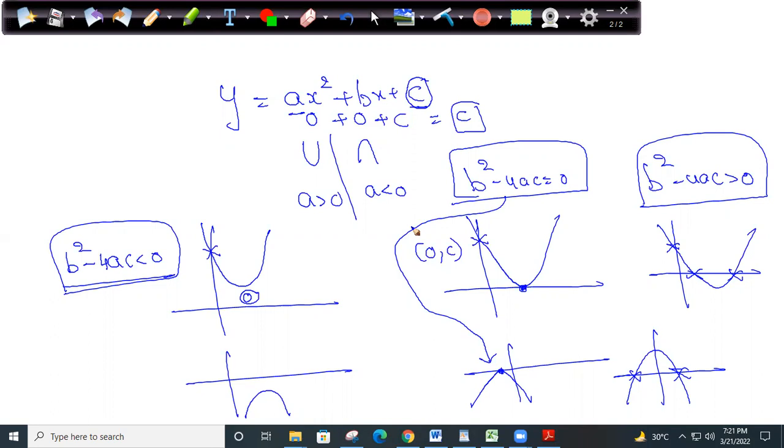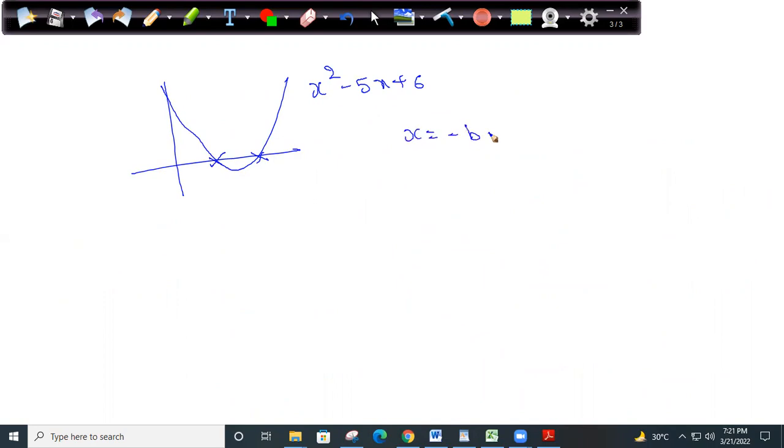Okay, very good. Now, let me come back. If the parabola opens upwards, assume it has two x-intercepts. Let me take the same function, x square minus 5x plus 6. There are different ways to find the x-intercept. One is using the quadratic formula, x is equal to minus b plus or minus square root of b square minus 4ac, by 2a.